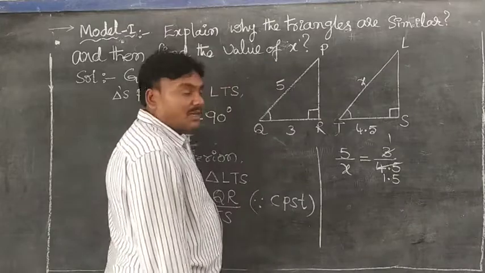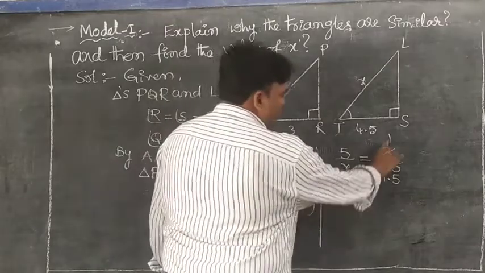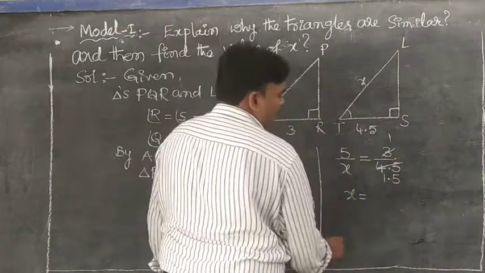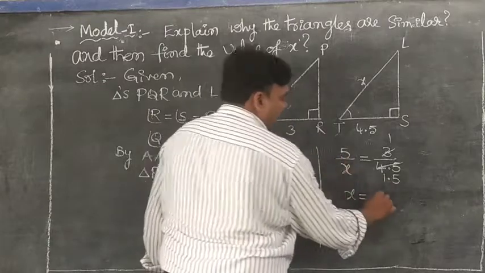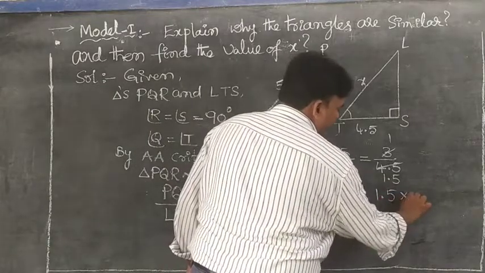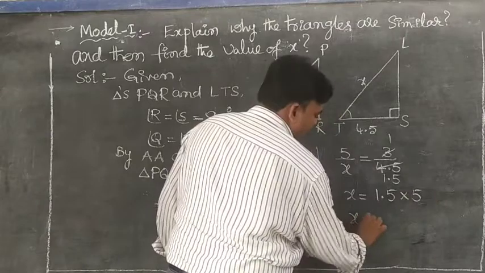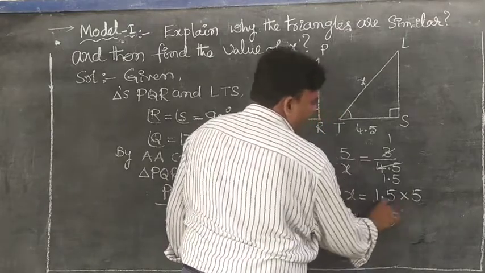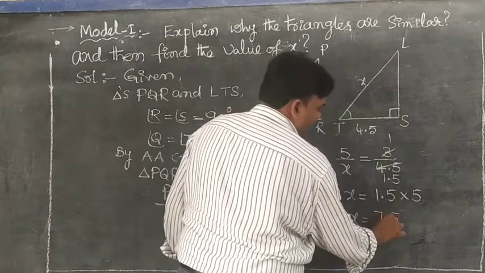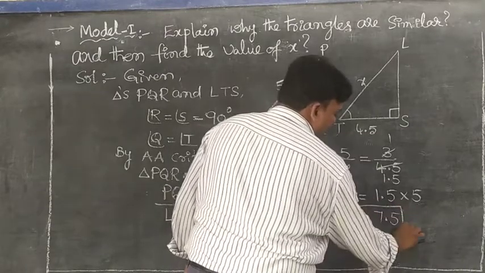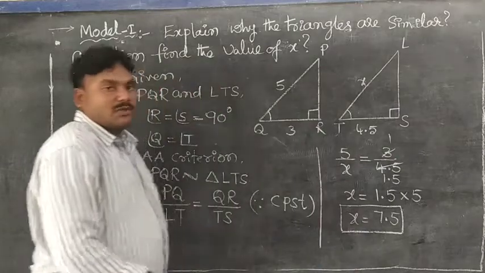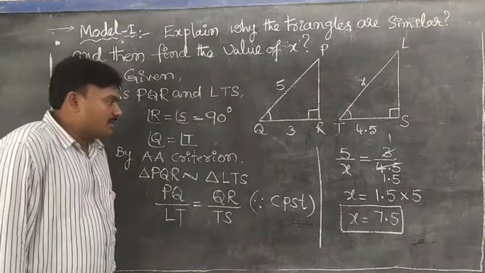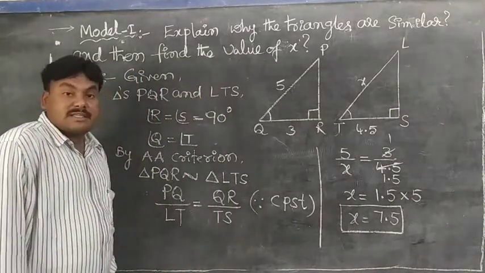And go for cross multiplication, students. So x equals 1.5 into 5. Which implies x equals 7.5. So x equals 7.5 is the final solution, students. So observe it carefully and also practice carefully.